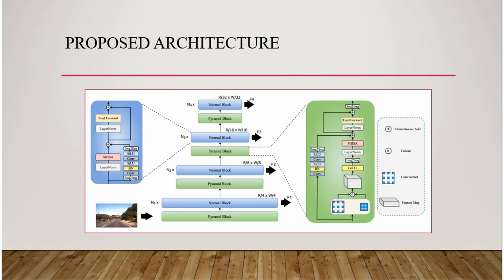As shown in the figure, the proposed architecture is composed of two types of blocks: pyramid blocks and normal blocks. The function of pyramid blocks is to embed multi-scale context into tokens, and normal blocks are used to further inject a convolutional bias into the transformers.